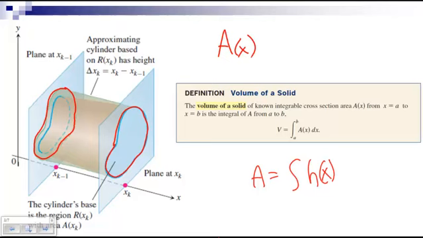I don't know, I didn't watch that actually yet. When we did the area under the curve, we did this one, y equals the square root of x. Here's one rectangle, here's another rectangle, here's another rectangle. Those heights were changing based on where we were in x.